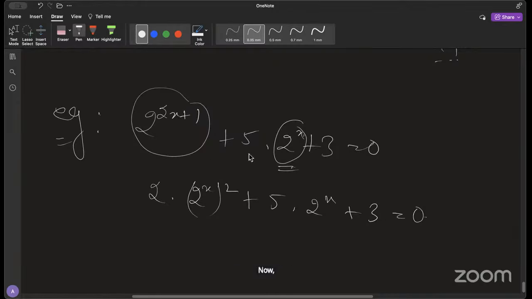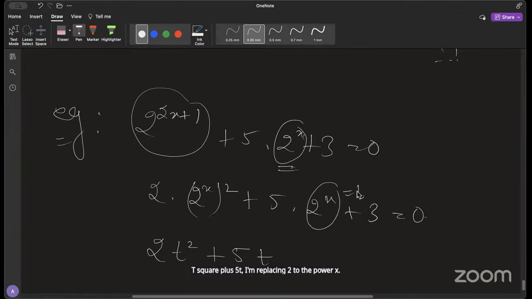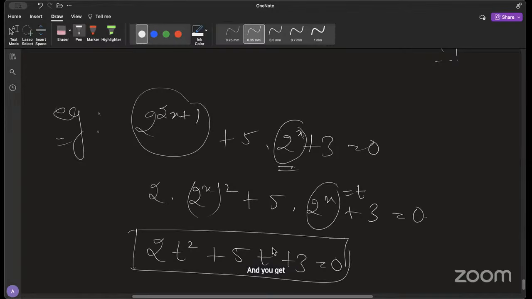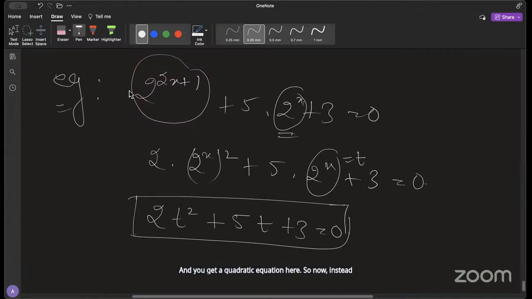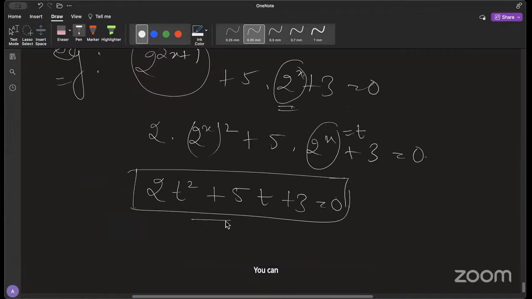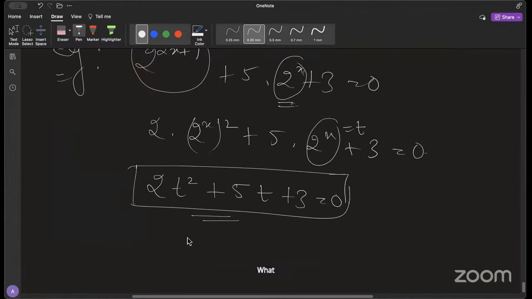Now, if you'll observe this very carefully, you will see that this is of the form 2 t square plus 5 t plus 3 is equals to 0. I'm replacing 2 to the power x with a t. And you get a quadratic equation here. So now instead of solving this thing, you can simply solve this equation. What will be the roots from here?